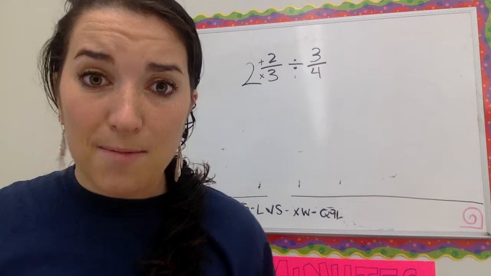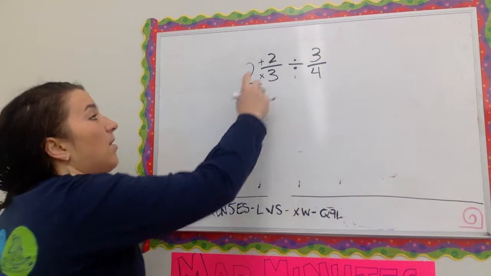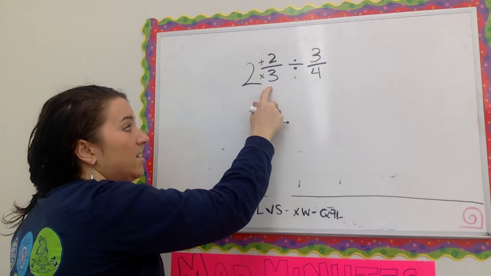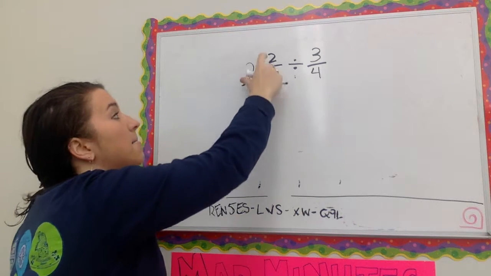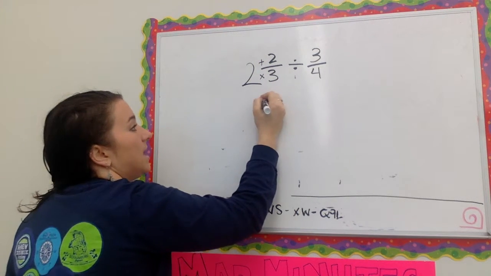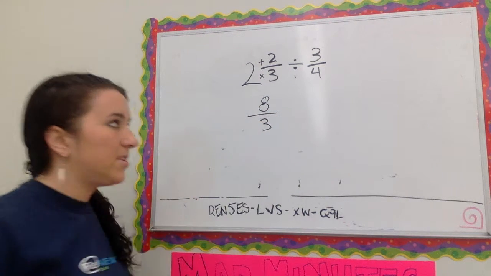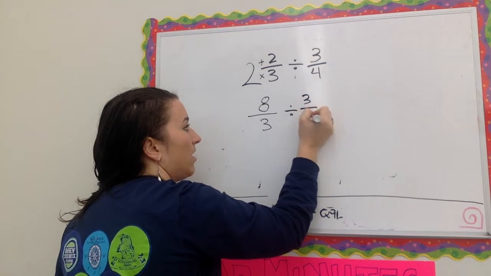It'll be an improper fraction if you remember that vocabulary from the beginning of the year. So first we do 2 times our denominator, 3, which is 6. Then 6 plus 2, which is going to be 8. Keep our denominator the same, divided by 3 over 4.